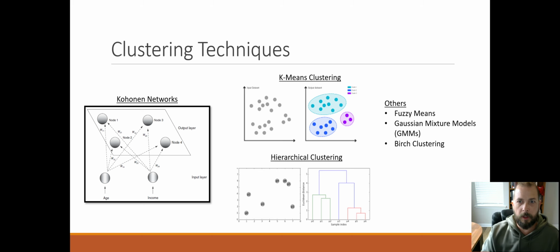The textbook talks a little bit more about each of these, I believe, in chapters 19 and 20. So if you're interested in learning more about those, please jump into that. Some other honorable mentions: the fuzzy c-means and the Gaussian mixture models, GMMs, as well as the BIRCH clustering techniques are all described a little bit more in our textbook, but we're going to really just dive into the K-means clustering.